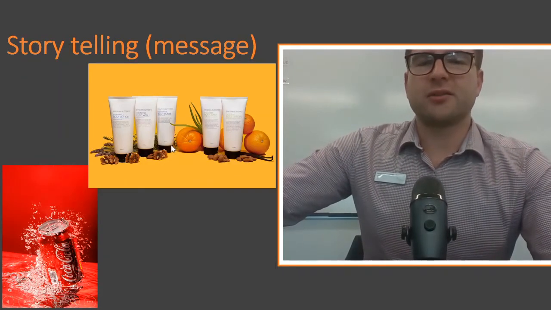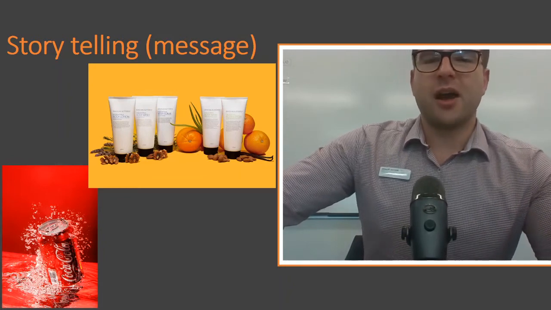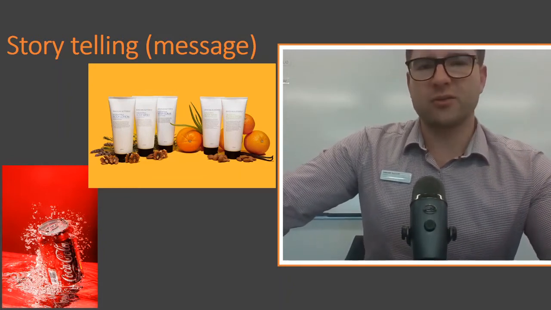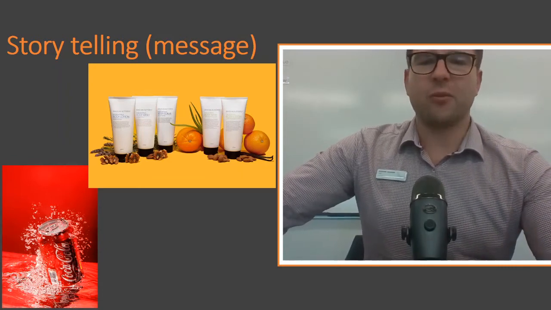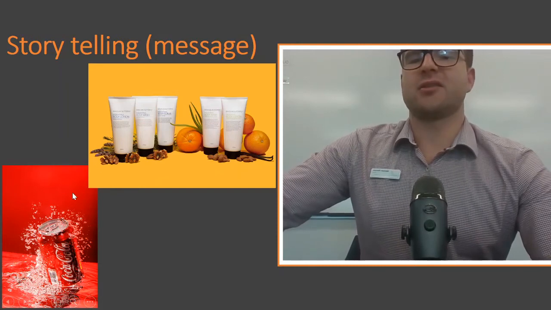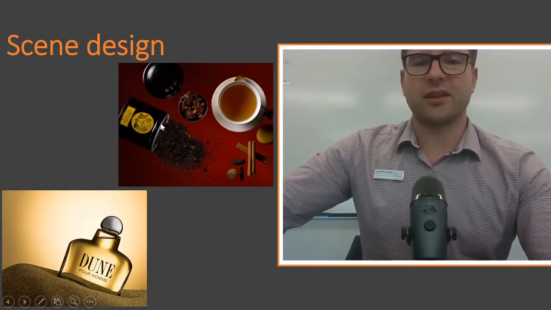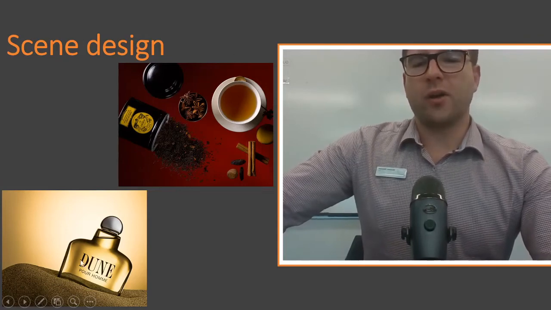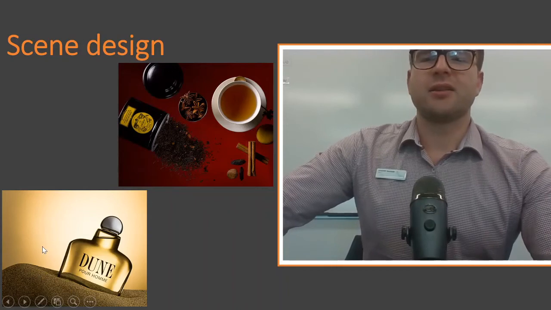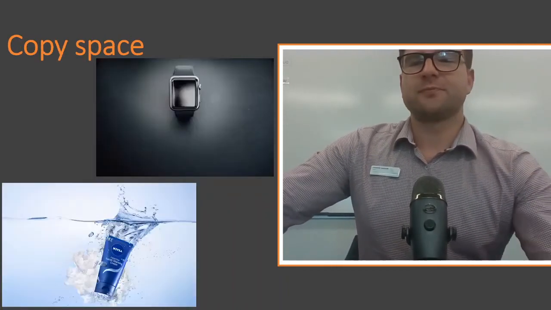Storytelling, when you're selling a product, you have to deliver a message about that product. Work out what the message is, who the audience is, what you're trying to say about this product, and then work out how you're going to get that message across, whether it be including things in the scene, designing the scene in a certain way, or using other things like lighting and props to create that effect where that message is being sent across.